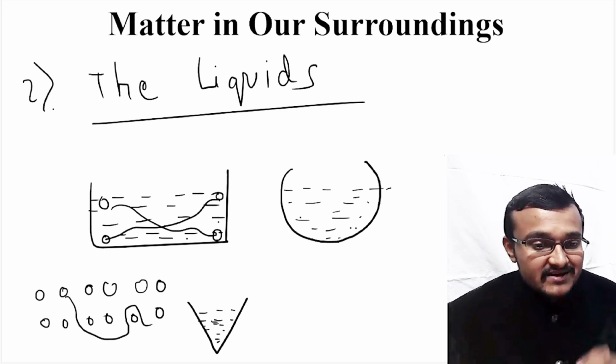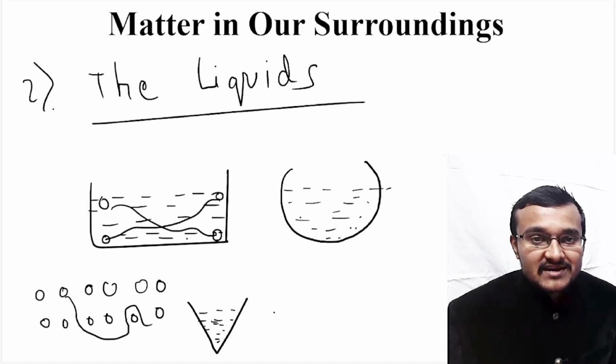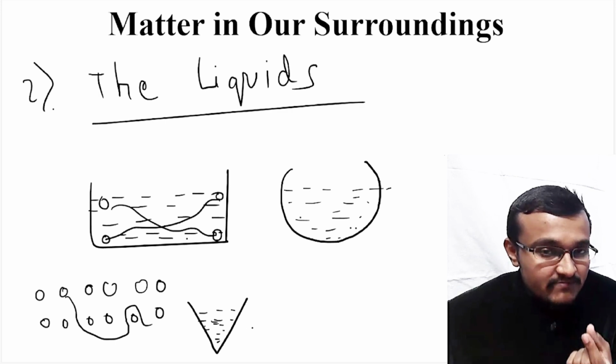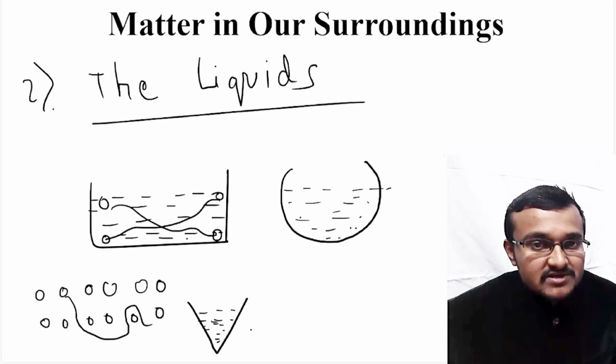So the random motion of particles inside liquids is more because there is more space available in between the particles. Hence, these particles can easily move throughout the solution.